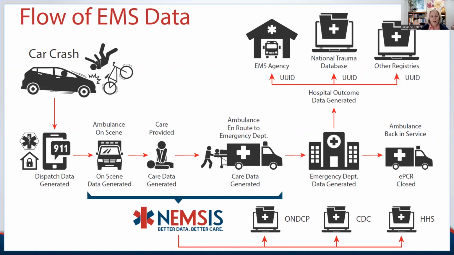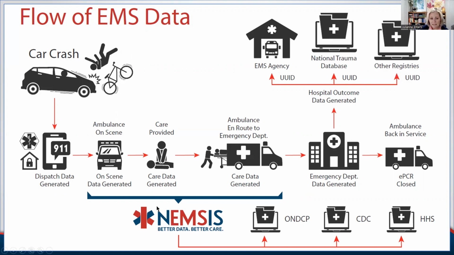But after all of that's collected, EMS data is often shared with agencies from the hospital. Maybe hopefully they're getting EMS outcome data back to the agency. A lot of hospitals participate in the National Trauma Database, so those trauma records are shared there. There are lots of other registries that the EMS data are shared with.